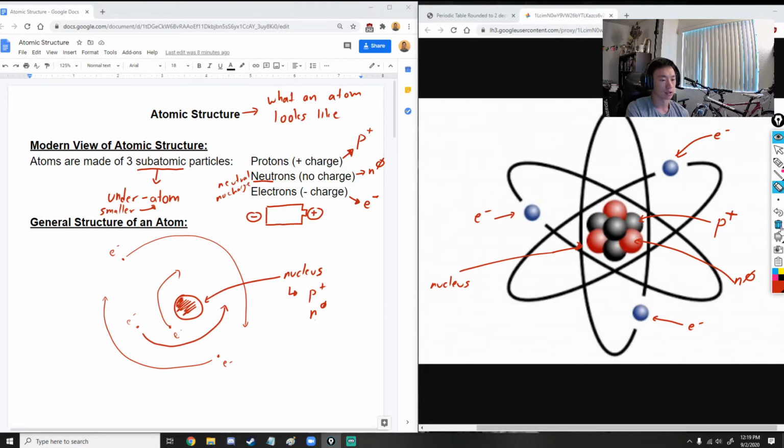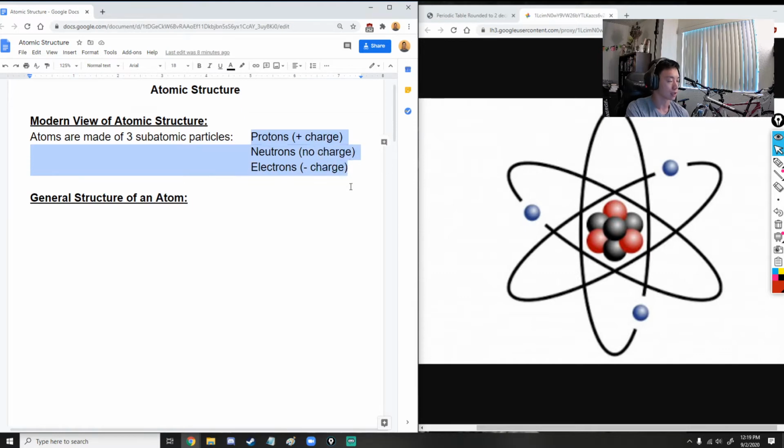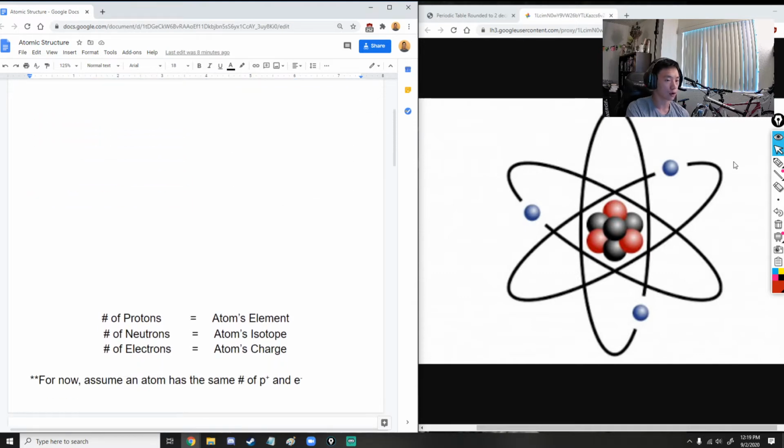Alrighty, so let's move on. The subatomic particles actually tell us about the atom. The number of protons tells us the atom's element. The element is almost like the identity, like what's the name of the atom? That's what the number of protons tells us. The number of neutrons tells us the atom's isotope.